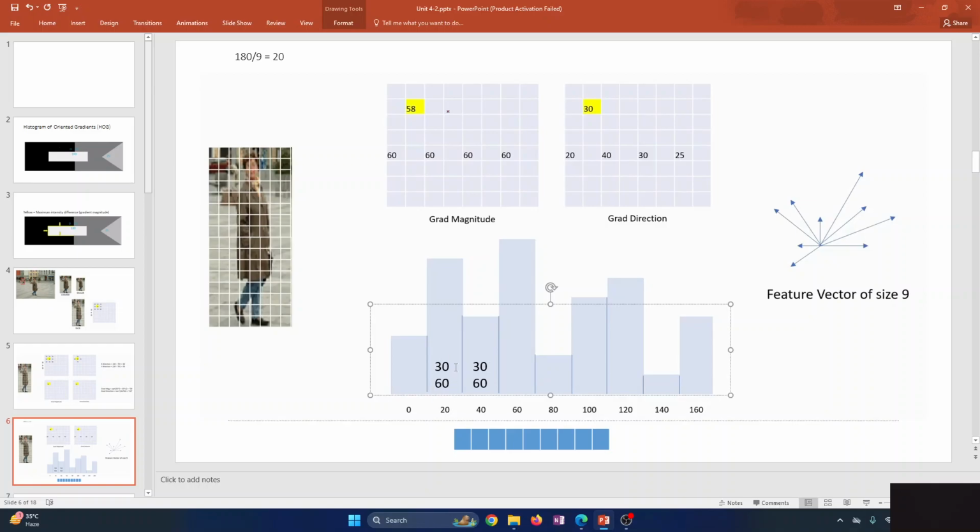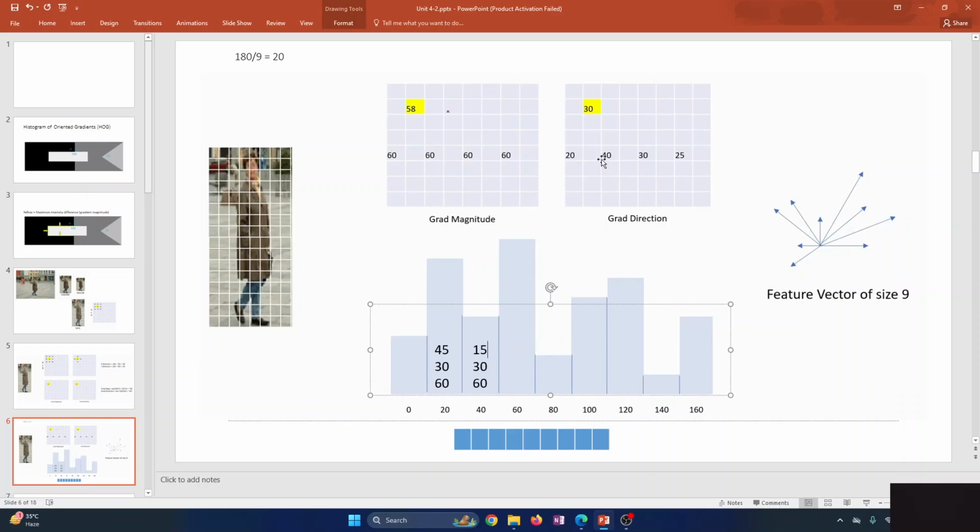Since this is closer to 20, we are considering ratios. So we are dividing it with 3 by 4 and 1 by 4. So the value here should be 45 and the value here should be 15. I hope this is clear to you.